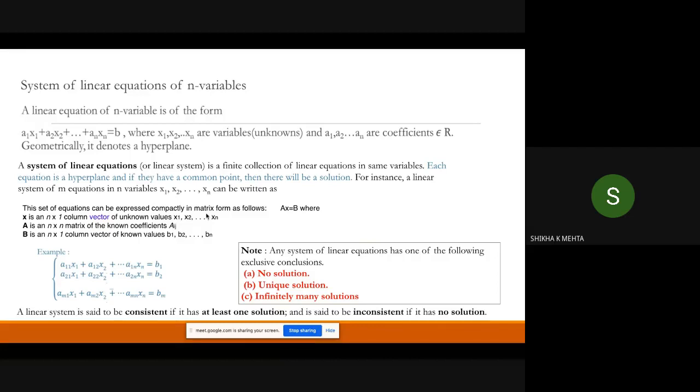These are exclusive to each other; there cannot be two different outcomes for the same system. We say a linear system is consistent if it has at least one solution, and inconsistent if it has no solution. So the linear equations are inconsistent in case A, and consistent in case B, where we have at least one solution.